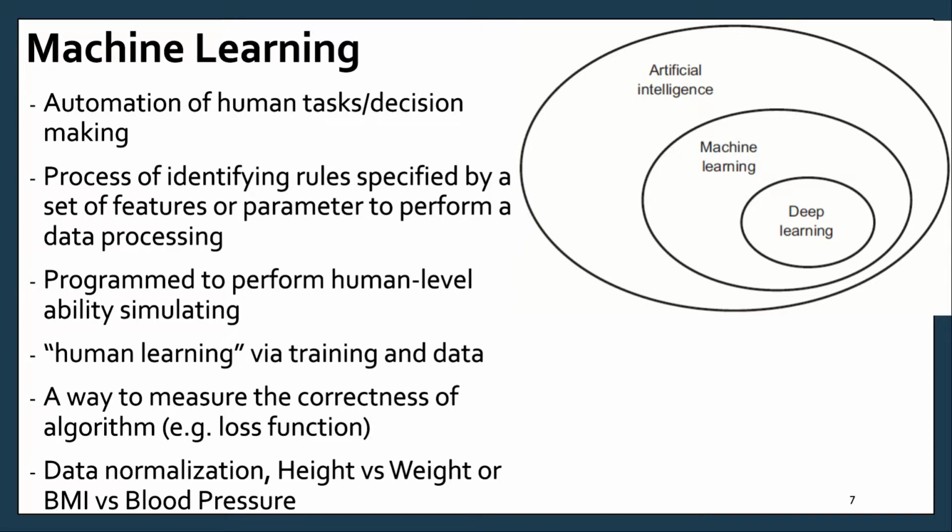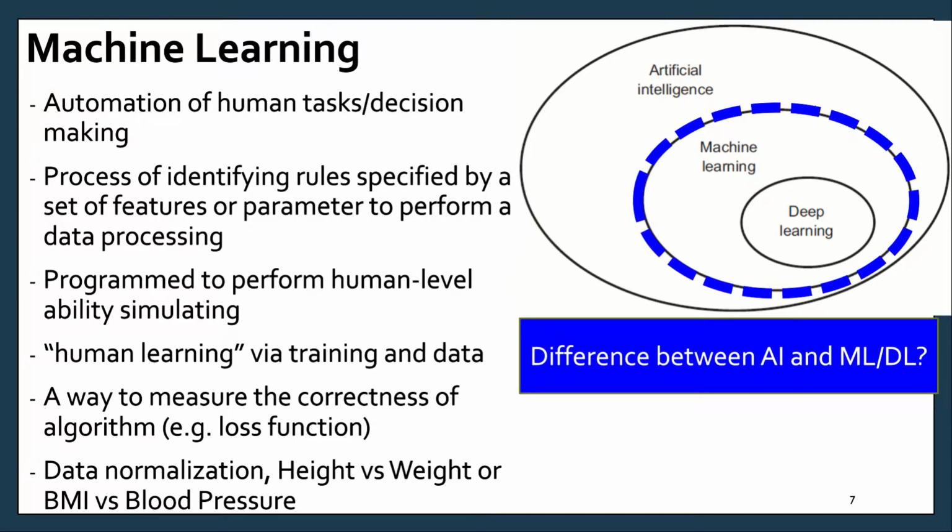So we go back again to machine learning, and this time around we want to ask what's the difference between AI and machine learning and deep learning. As we mentioned before, AI has a big scope. It has machine learning and all other stuff. With machine learning, it's more about using the rules and training data.